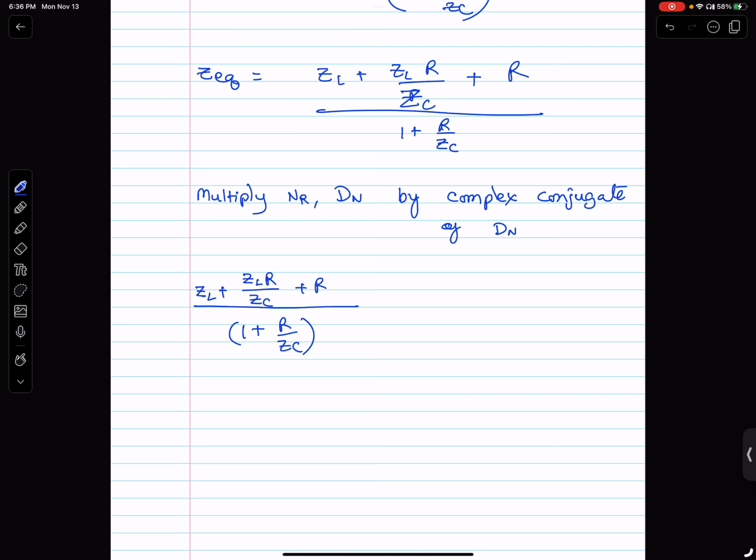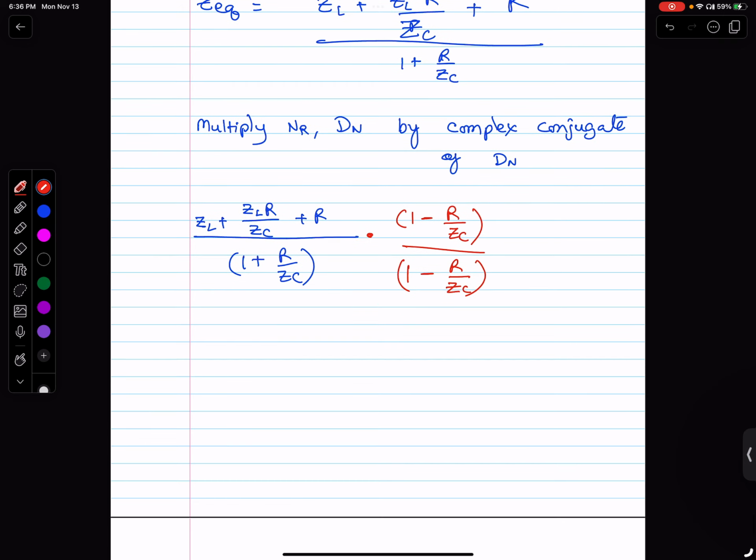So all I'm doing is multiplying the numerator and denominator by the complex conjugate of the denominator, 1 minus R by ZC. The denominator is 1 plus R by ZC. Its complex conjugate is 1 minus R by ZC. Then what we are left with is some more simplification.